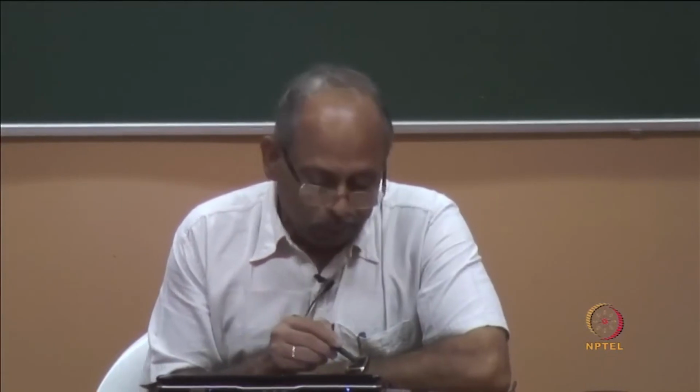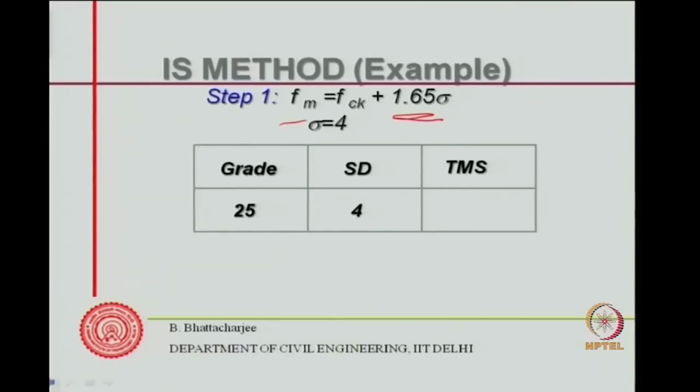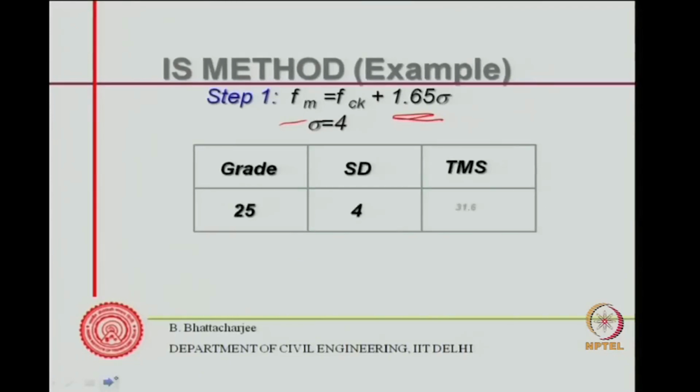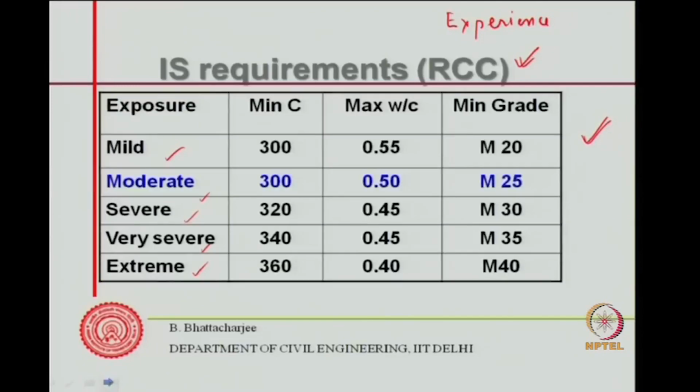Now, I also mentioned in our earlier problem that our exposure condition was moderate exposure. Therefore, for moderate exposure, if I look into this table, the one colored blue gives a minimum cement content of 300, a maximum water cement ratio of 0.5 and a minimum grade of concrete of 25.